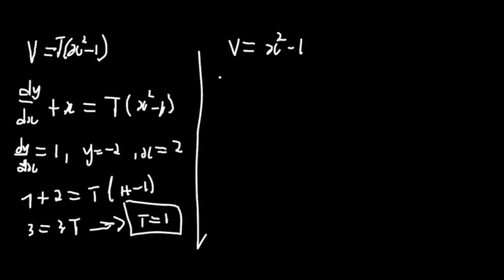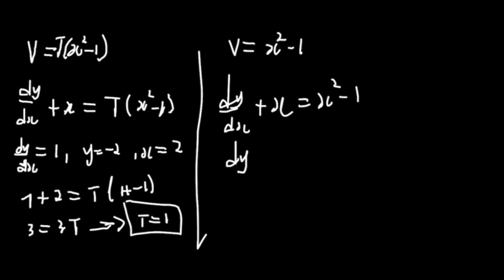But what do we know? We know that v is dy all over dx plus our x. So this will simply be x squared minus 1. So this means that our dy all over dx will simply be x squared minus x minus 1.